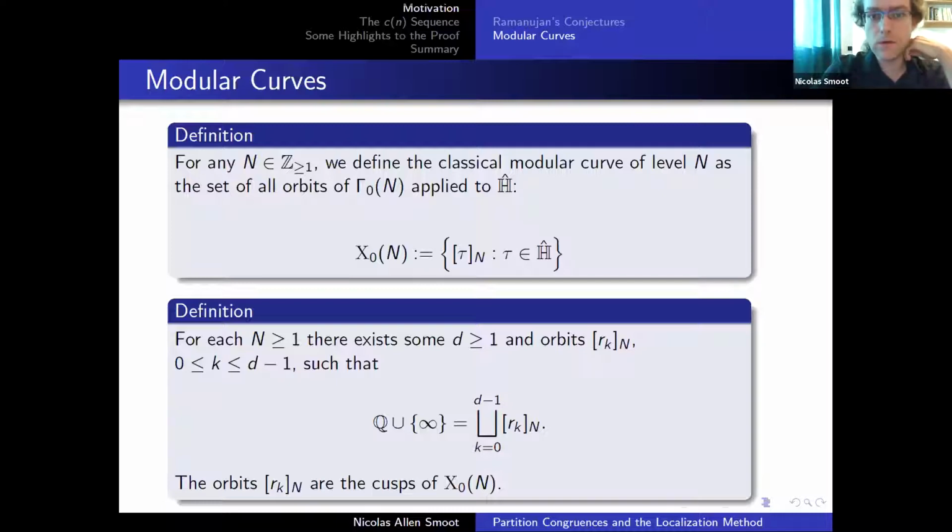You can study functions on them in a very, very nice way. And a lot of the stuff from complex analysis goes to these modular curves in some form or other, right, which makes them very useful to study. And in particular, the rational numbers and a point infinity, right, can be represented as a set partition of a finite number of orbits. And the orbits are called the cusps of the modular curve.